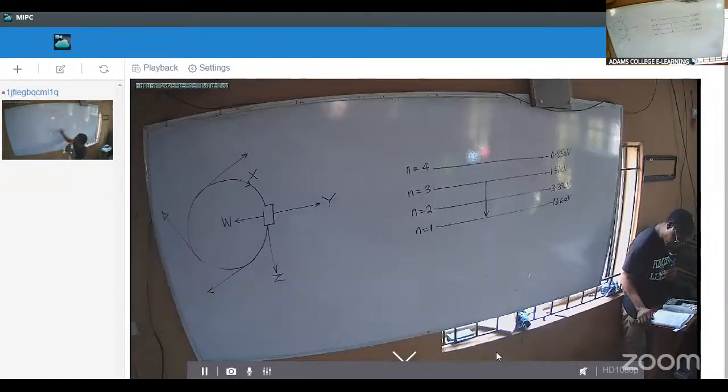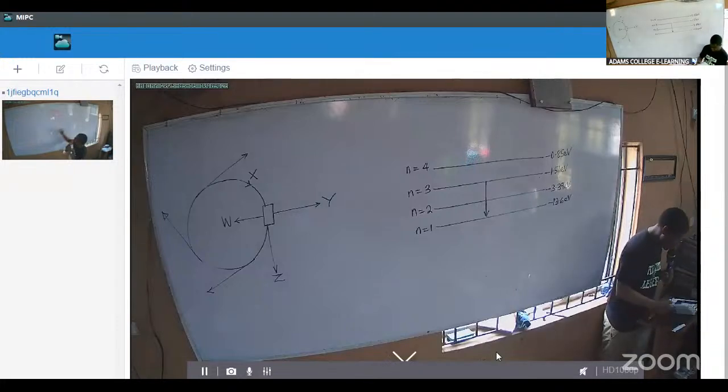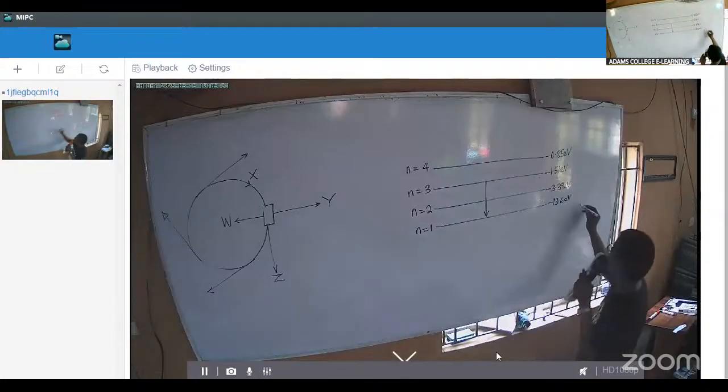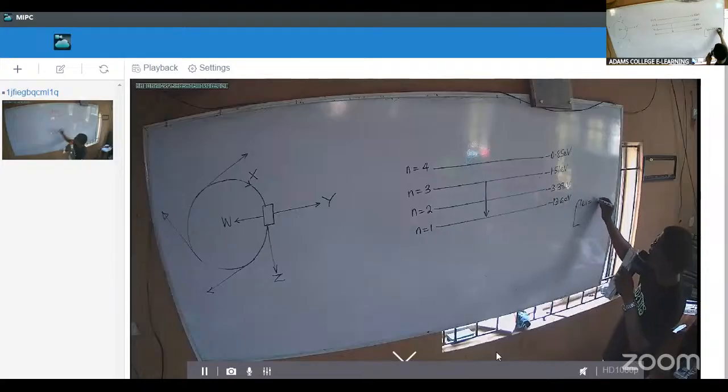Calculate the wavelength of the photon. In brackets, E equals 1 eV, which is 1.6 times 10 to the power minus 19 joules.